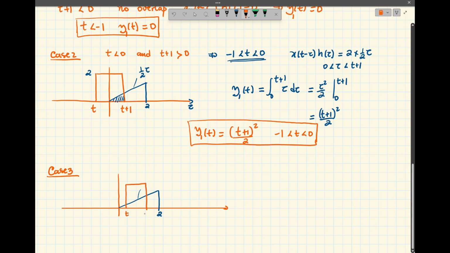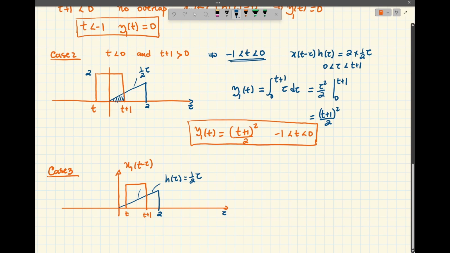So t and t plus 1, because the width of x1 is just 1 and the width of h is 2. So at some point the x is going to fit into the h, right? So x1 is going to fit into h. So x1 of t minus tau here, and this is h of tau, which is 1/2 tau.